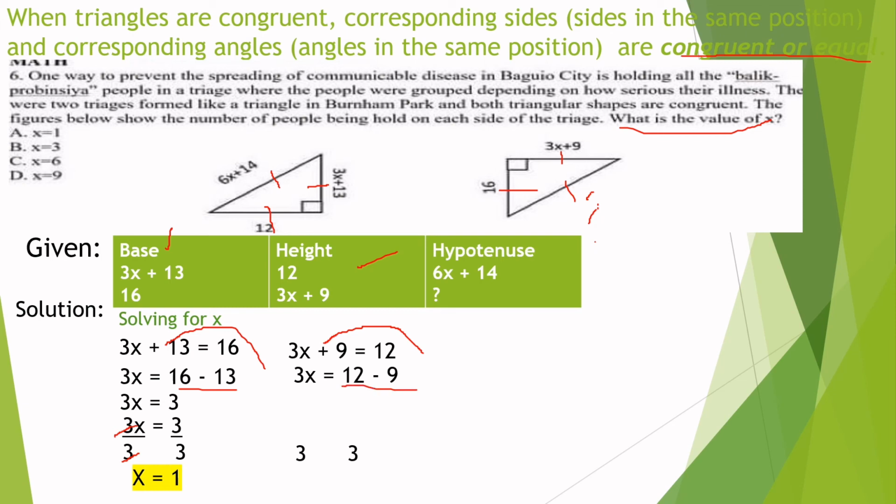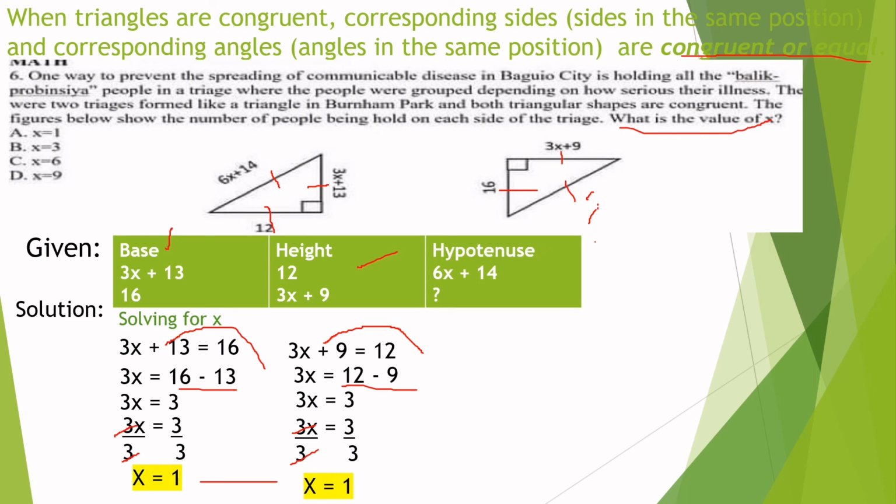So 12 minus 9 is equal to 3. So we have now 3x is equal to 3. To isolate x, we divide both sides by 3. So 3x divided by 3 is equal to 3 divided by 3. Cancel 3 and 3. So x is equal to 3 divided by 3, which is 1. So they have the same answer.